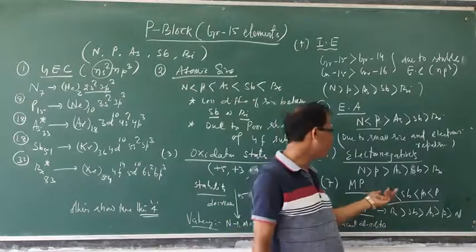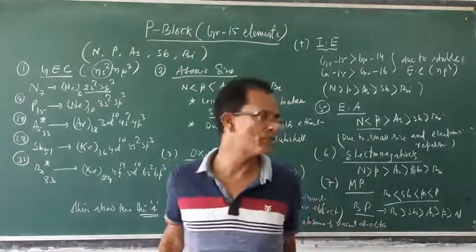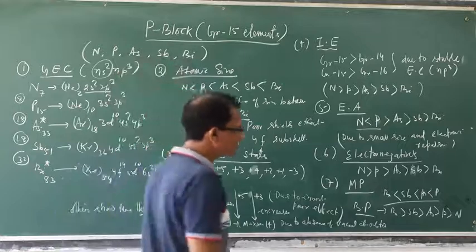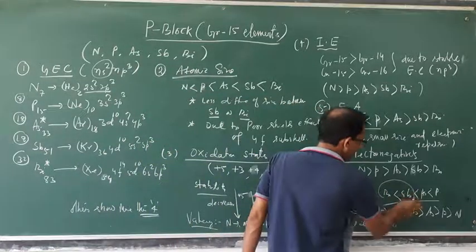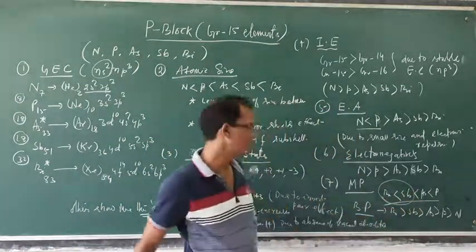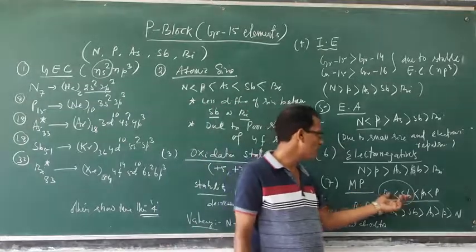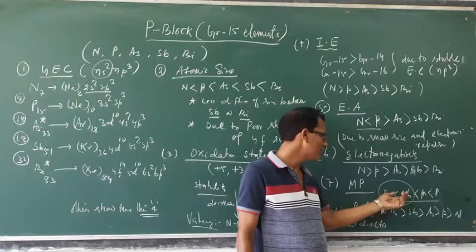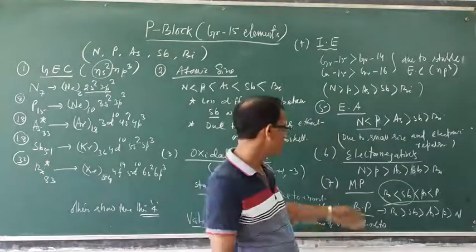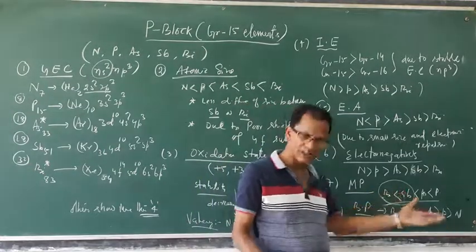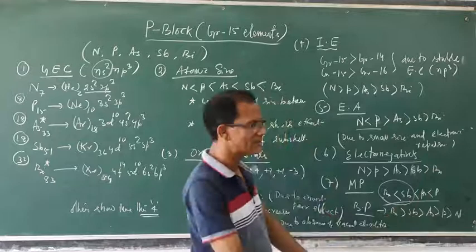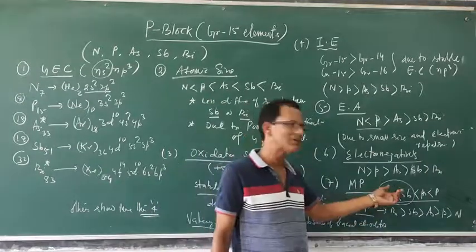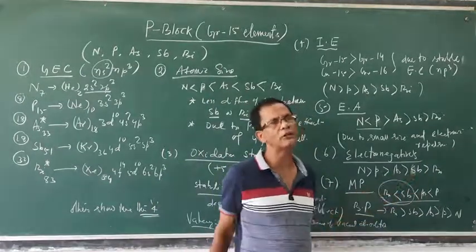But melting point depends upon the closed pack structure. For bismuth and antimony, due to inert pair effect, the covalence is less. So the number of atoms attached to other atoms will be less.